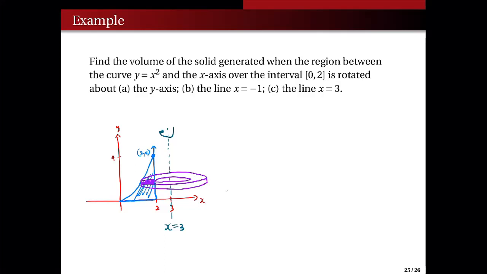The bigger radius, this time, is from the function up to the center. And the smaller radius is from x equals 2 up to 3. This is your smaller radius.